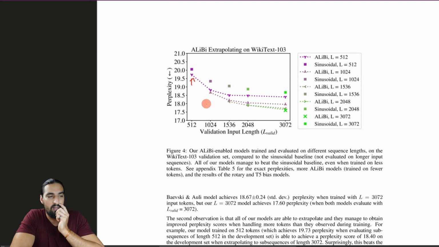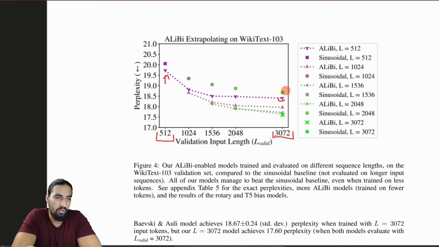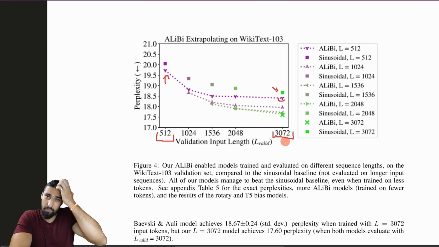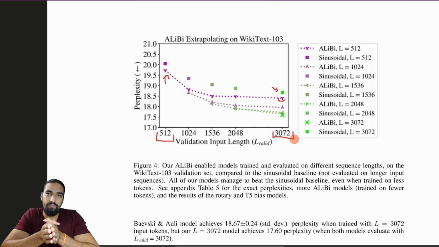What I mean by that is you take a model that was trained on 512 and you do inference on 3072, and it's still better, as you can see here, let me zoom in, than the actual model that was trained on that very same sequence. So that's pretty impressive. Now keep in mind, and we'll see that a bit later, that this dataset and this transformer model are fairly small compared to the next results we'll see.